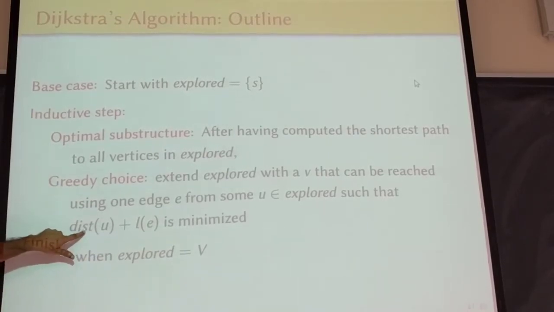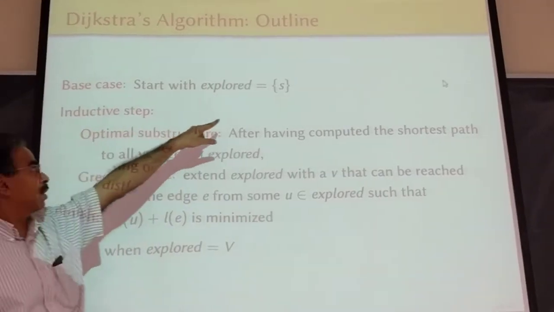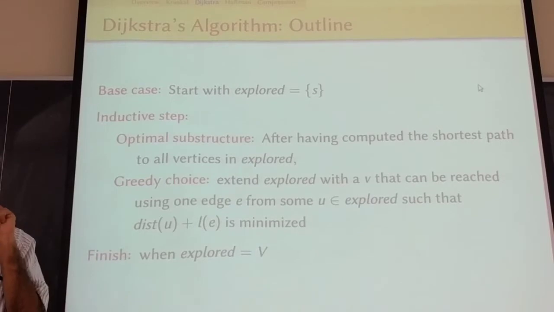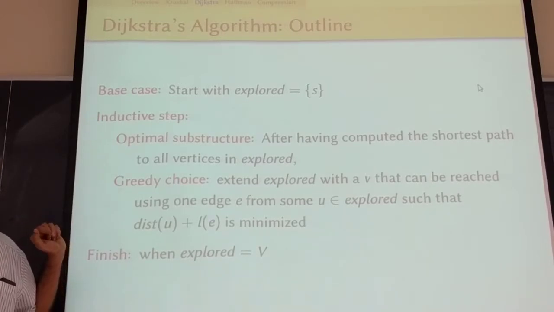One is the distance to u. Remember that we are starting from this vertex S. Dist of u represents the shortest distance we have computed so far. We have not yet announced that it is the shortest path to u, but at any point we are going to maintain the shortest distance we have found so far to a vertex u.